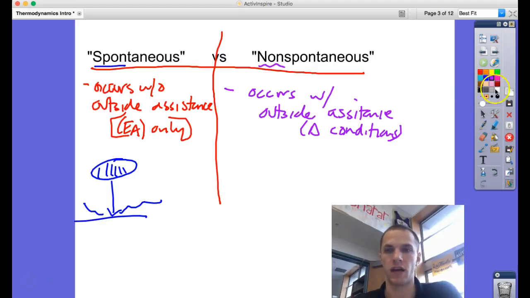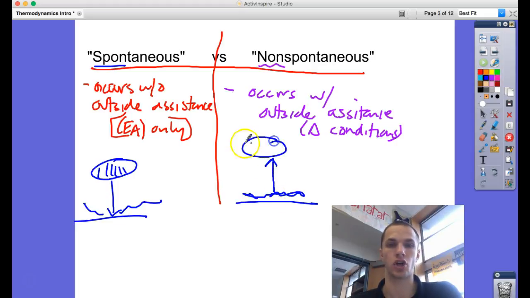So thinking about the egg again, if you have splattered egg on the ground here, that egg is not going to magically go back up into the air and turn into a solid egg again. That won't happen unless you have some outside assistance, some special power, some egg reversal device that allows it to get back together. So we're going to start to describe reactions as spontaneous versus non-spontaneous.